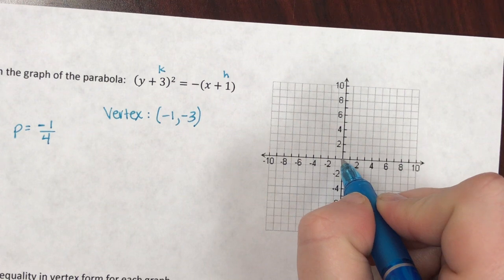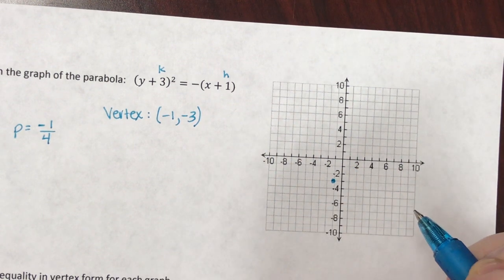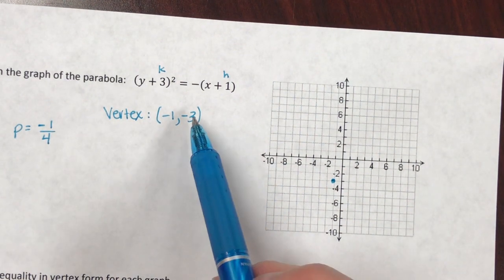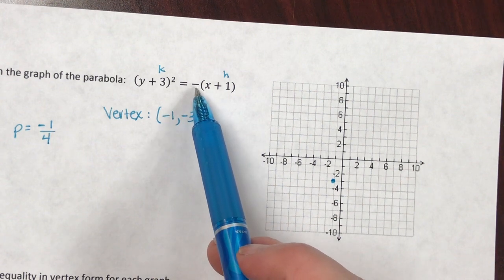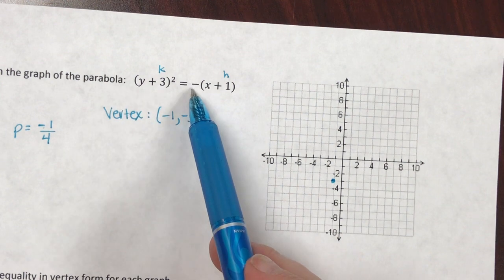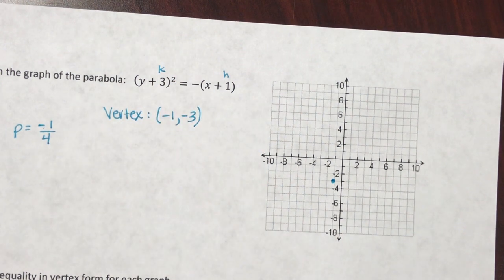So I'm going to plot the vertex at -1, -3. And this parabola will open to the left because it's got a negative p-value, and because it is a y-squared equation, which is horizontal.